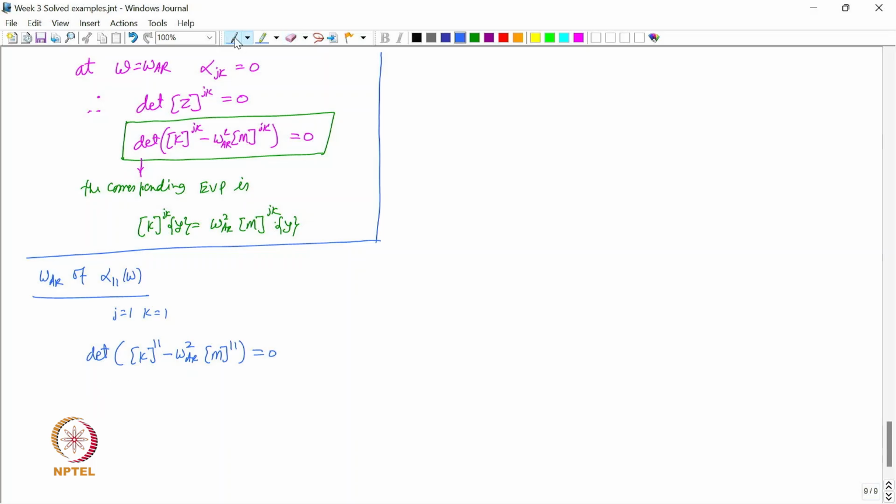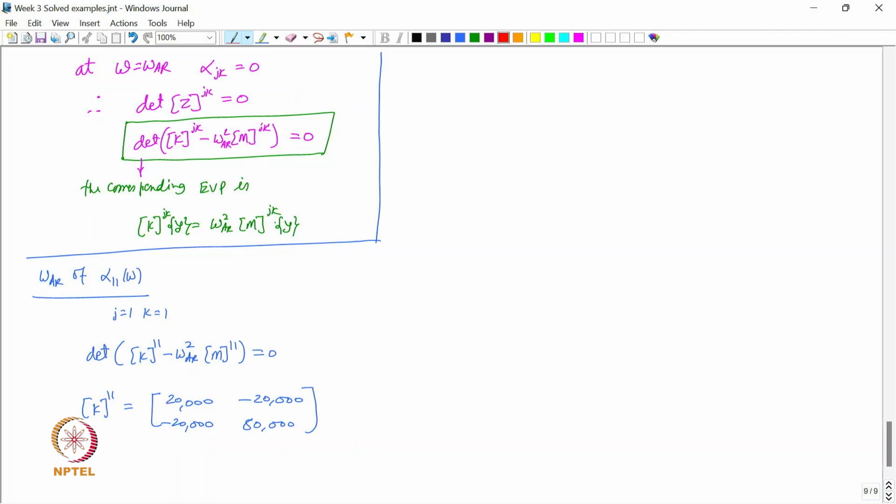So, let us first find K11. Let me write the K matrix here first, so that we can easily delete the required rows and columns. Right. So, now let us find K11. To find K11 we need to remove the first row.